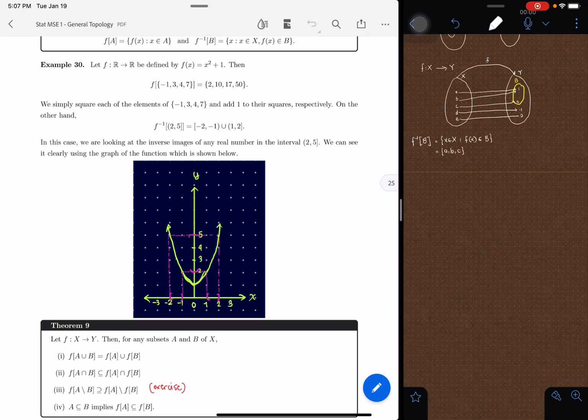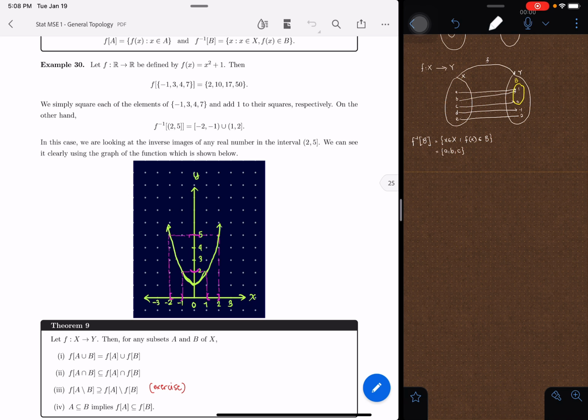So if we look at the interval from 2 to 5 with respect to the y-axis, we can see that the inverse image, as shown by the pink lines, is a set on the horizontal axis.